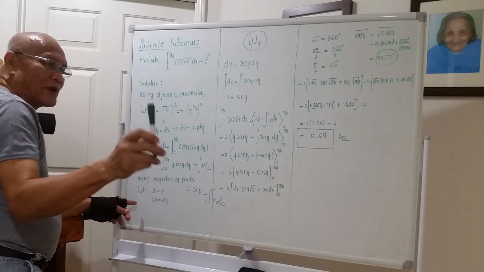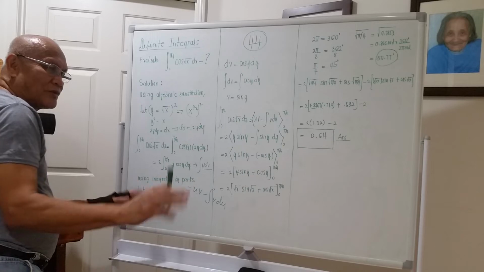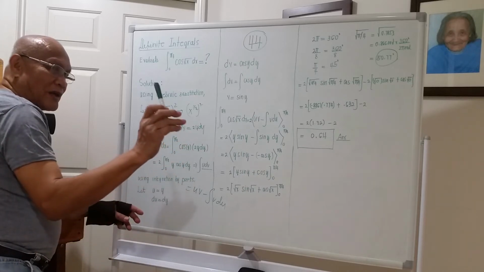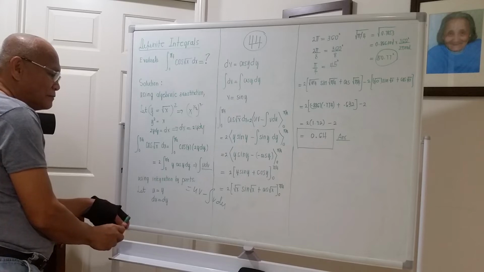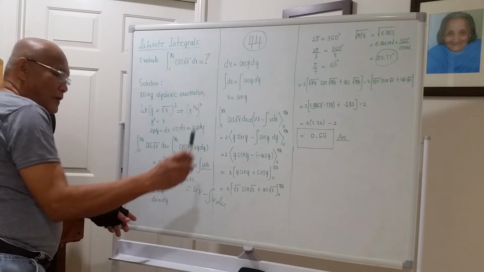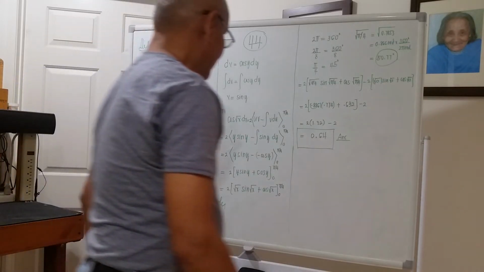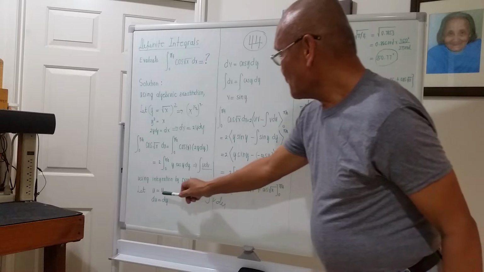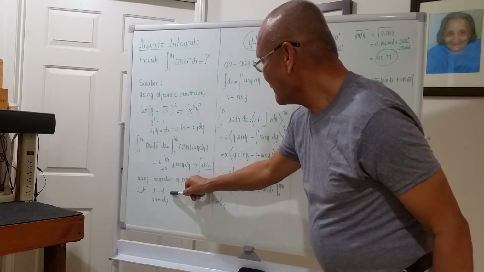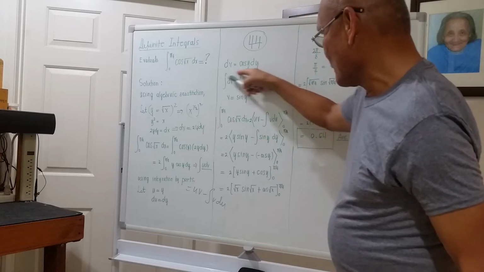Okay, let's bring out our substitution. No, not substitution. Let's bring out the value of u. Let u be equal to y. Taking the differential of both sides, du will be dy. Okay? So, if u is y, dv will be cosine of y dy, right?